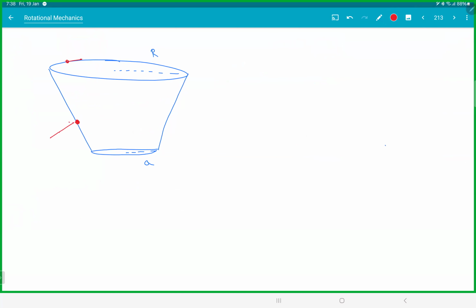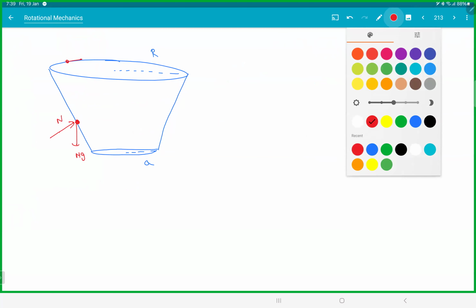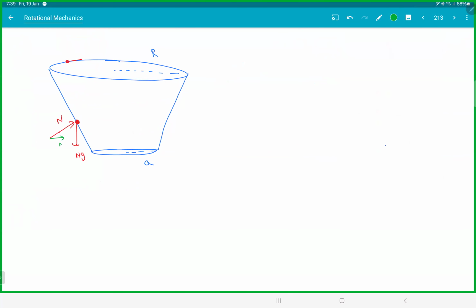If you look at the forces here, normal reaction, mg, you can resolve this into components, nx and ny. So if you take about the central axis, torque about the axis is zero. You getting it? Why?